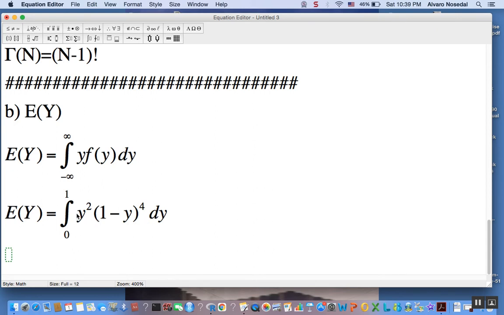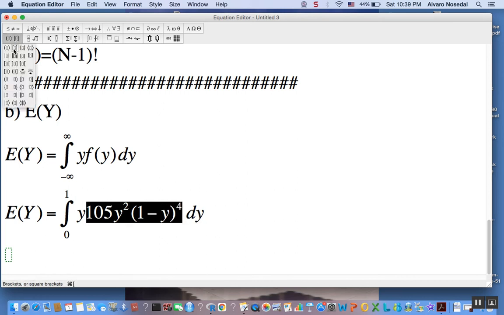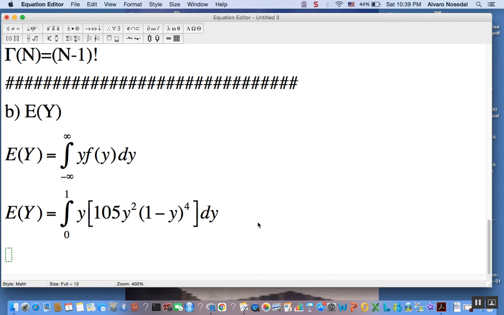So this is y times 105 times this. We're just applying the definition of expected value for a continuous random variable.